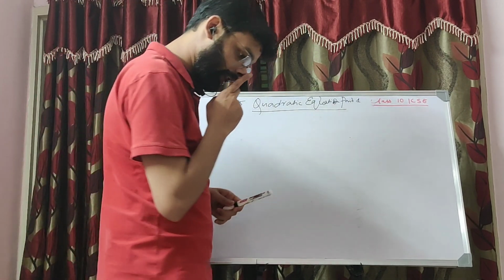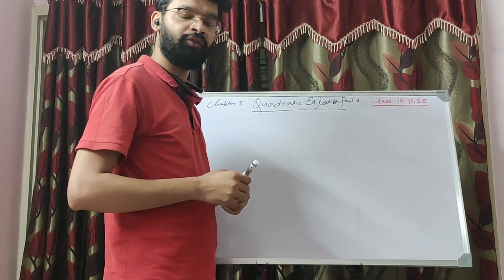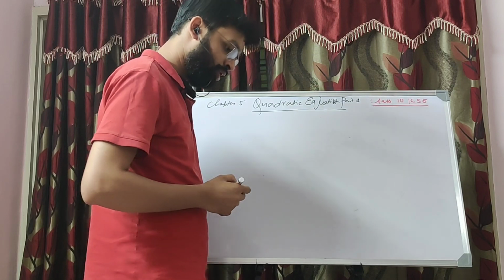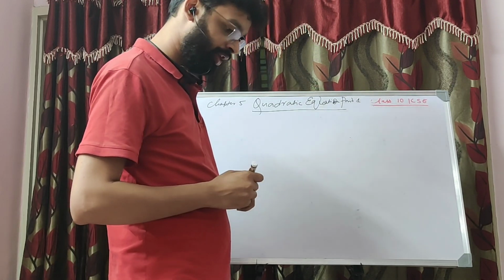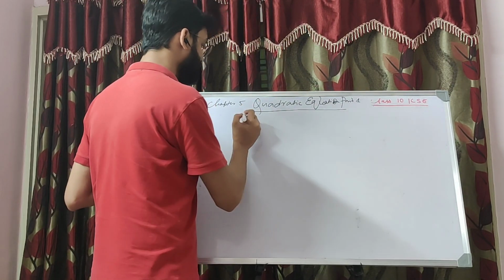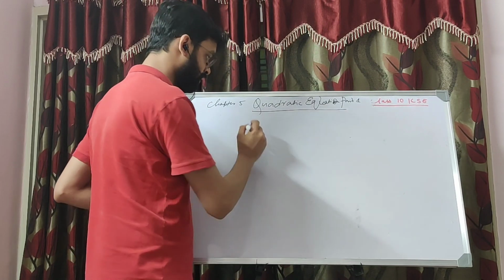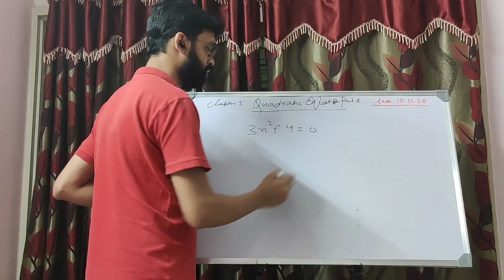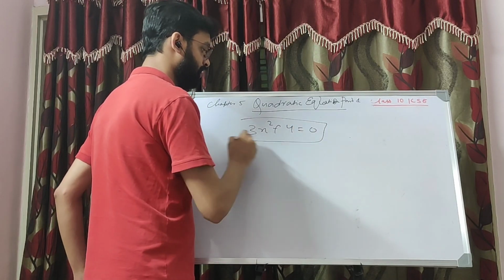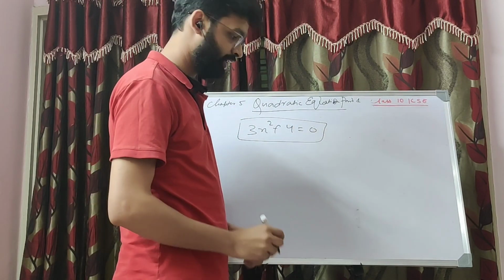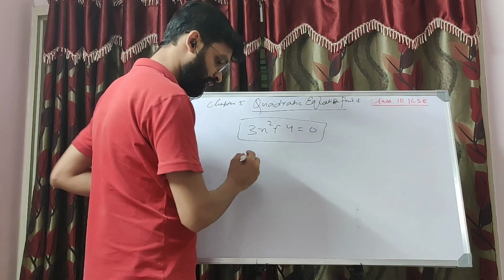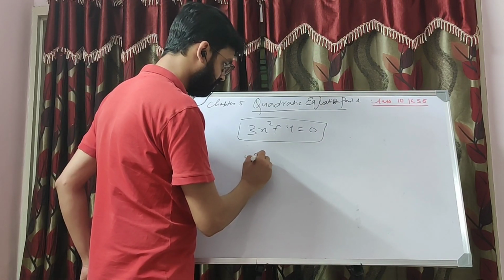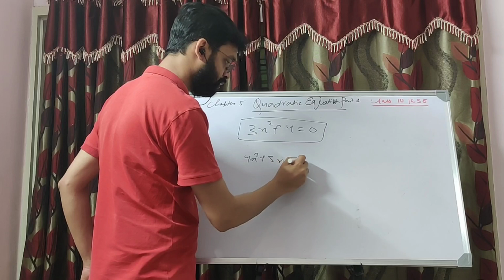What is a quadratic equation? An equation with one variable whose highest power of the variable is 2 is known as a quadratic equation. For example, 3x square plus 4 is equal to 0 is an example of a quadratic equation. Or I can say 4x square plus 5x is equal to 4.